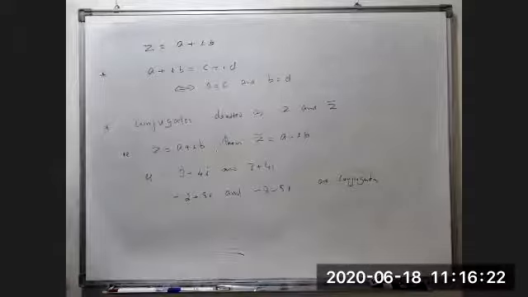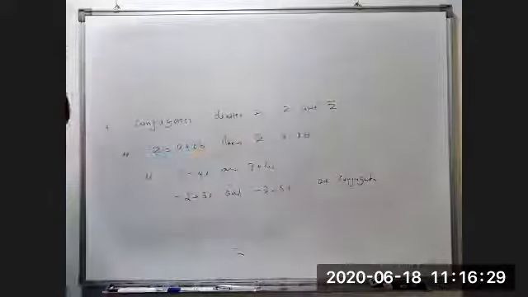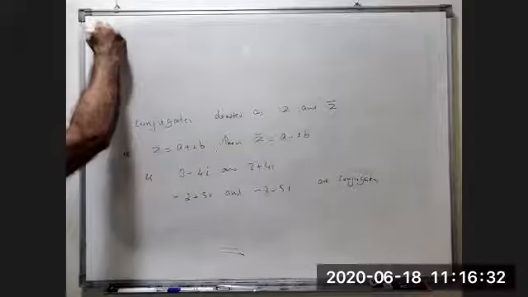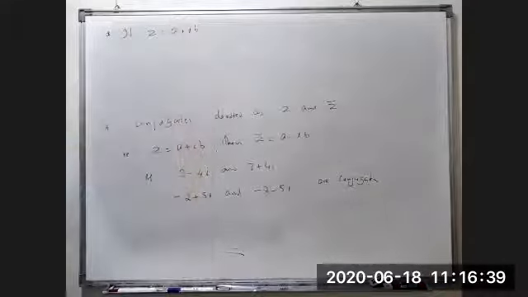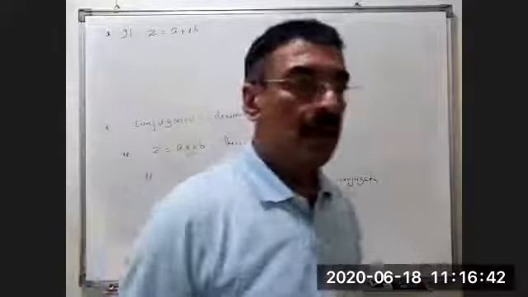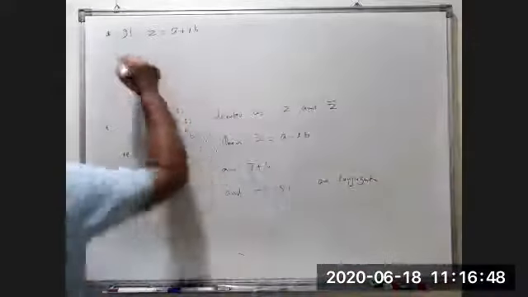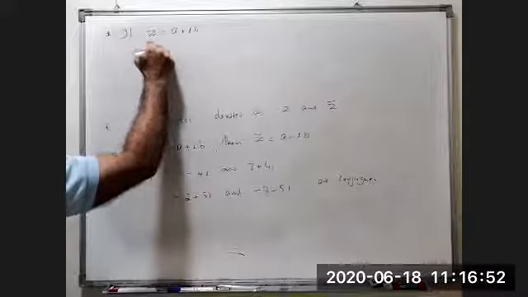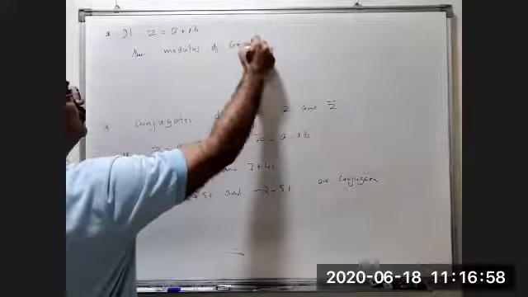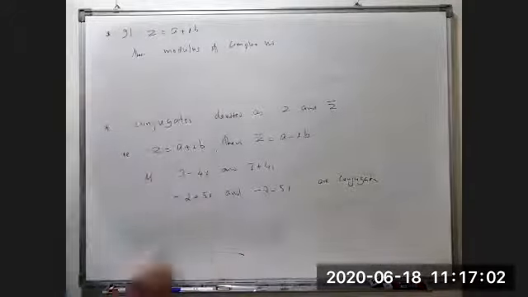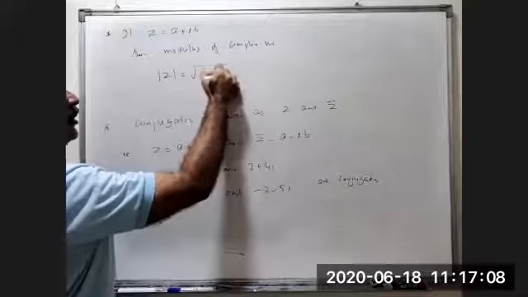Then, next point. If z is equal to a plus ib, then the modulus of the complex number, modulus z, is equal to root of a square plus b square.